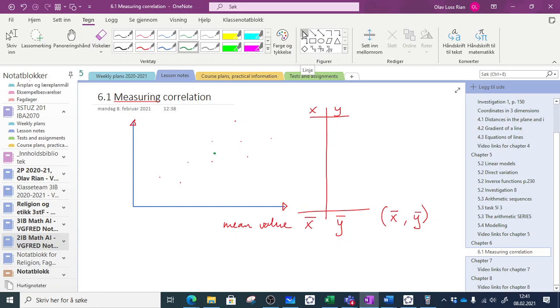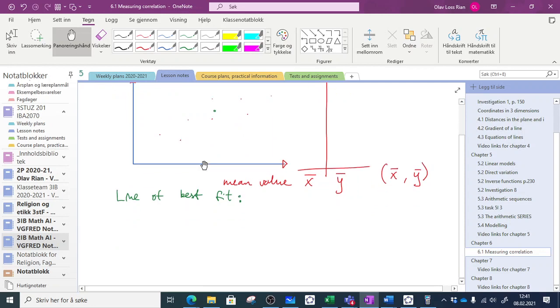So this is how you find what we call the line of best fit. And the line of best fit, the starting point is that you find the mean of each data set or for each variable.